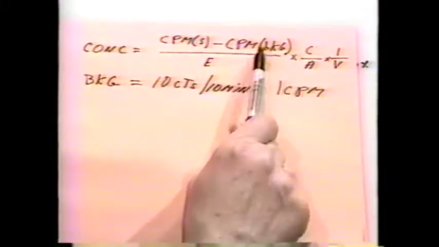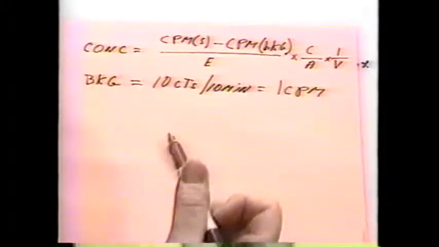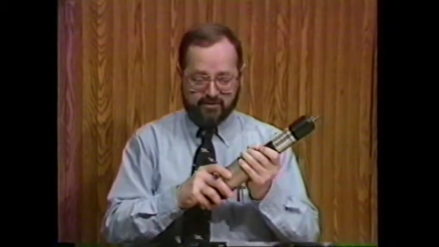Notice we do have to subtract off the background. Suppose now we take the Lucas cell, more typically called the scintillation cell now, in which we've drawn the air from the room, and we put it in front of the photo tube, and we count up how many counts per minute we get from the air sample.